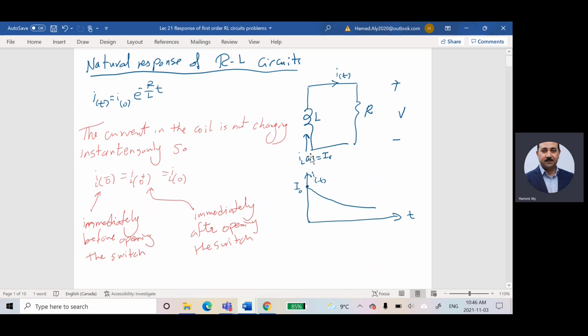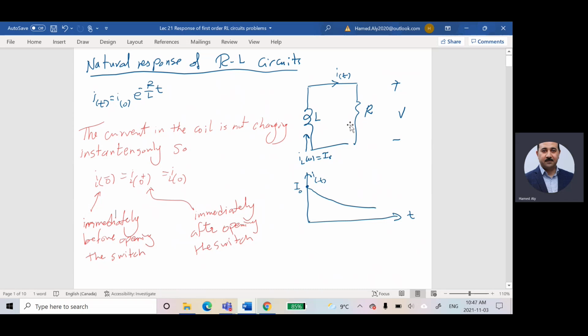So if you would like to find the voltage across the inductor, you have to find the first derivative of this guy with respect to t, which is the time, multiplied by L, because the voltage is equal to L dI by dt. But at the same time, I can say the voltage across the resistor is the same as the voltage across the inductor. Am I right?